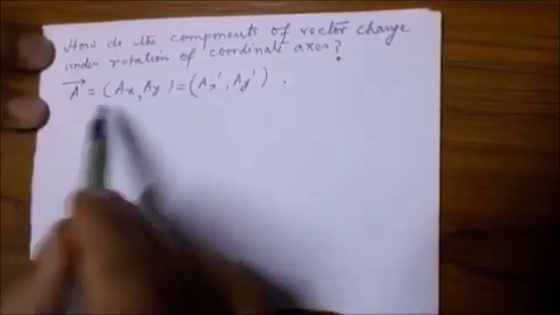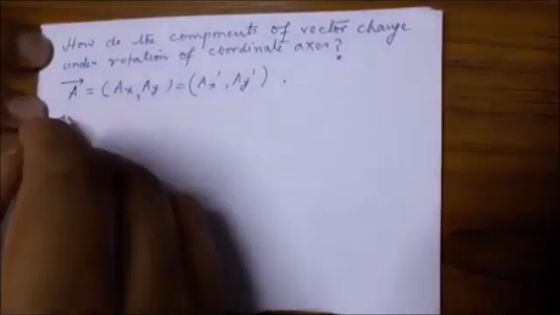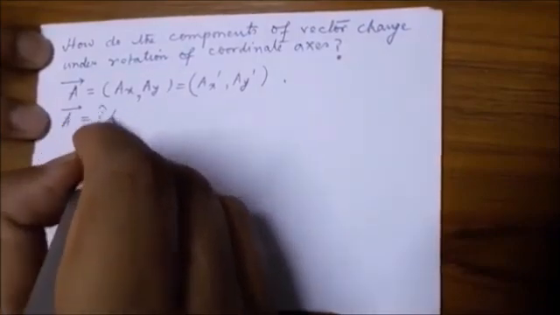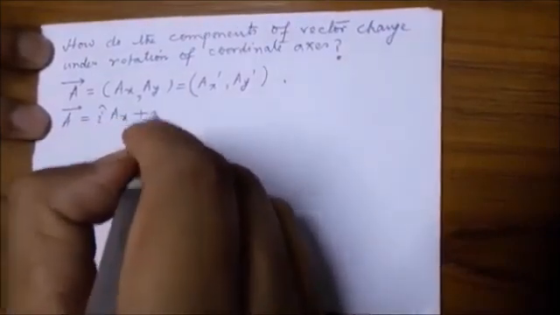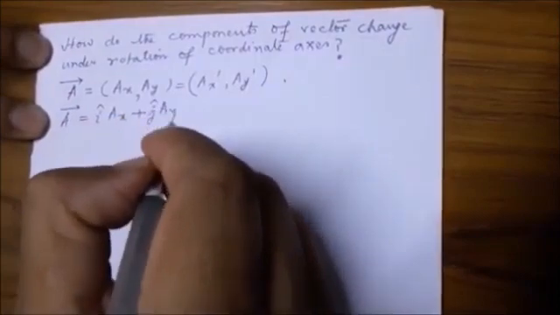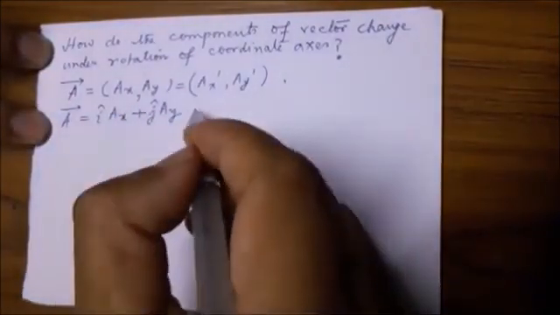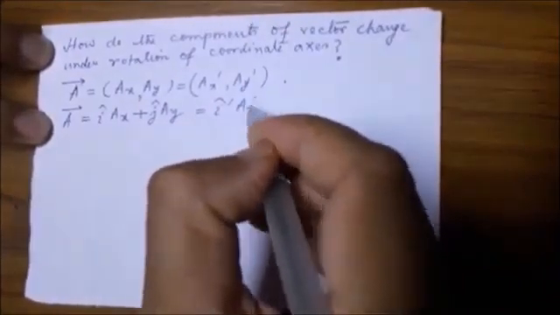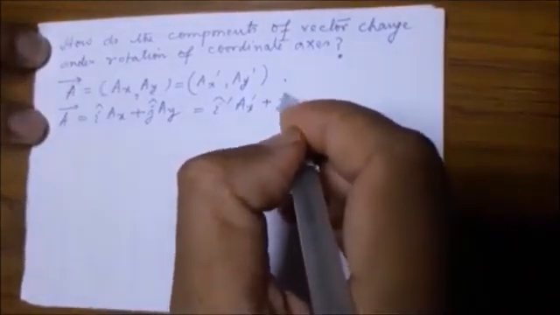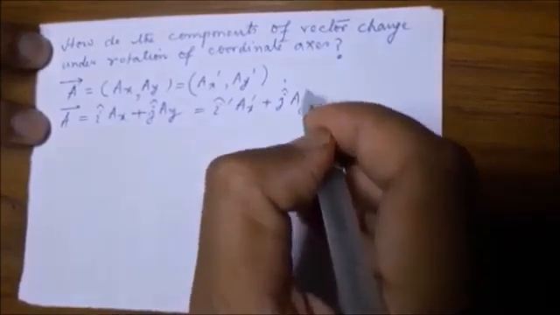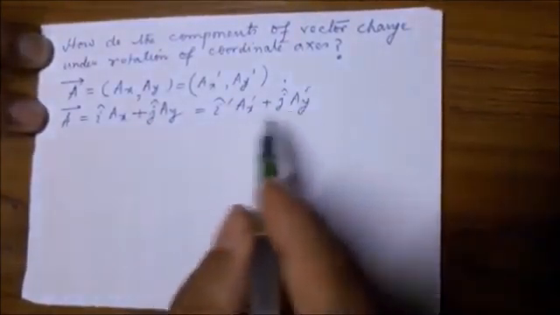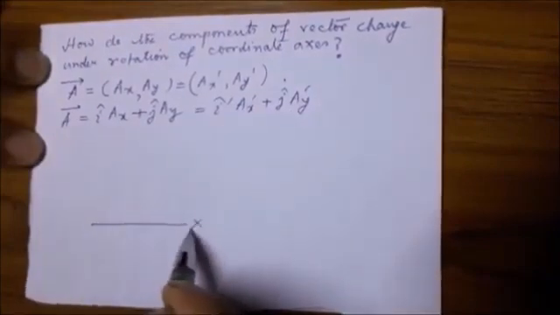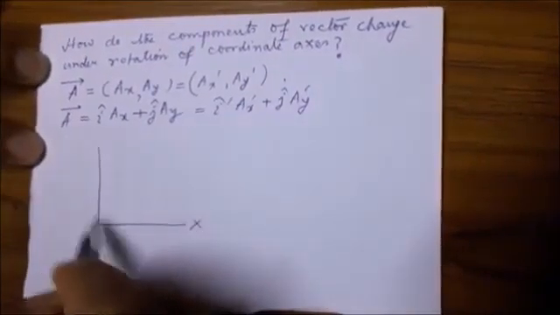This is the coordinate representation, and the vector representation will be in the unprimed frame and in the primed frame. So this is the x-axis and this is the y-axis.